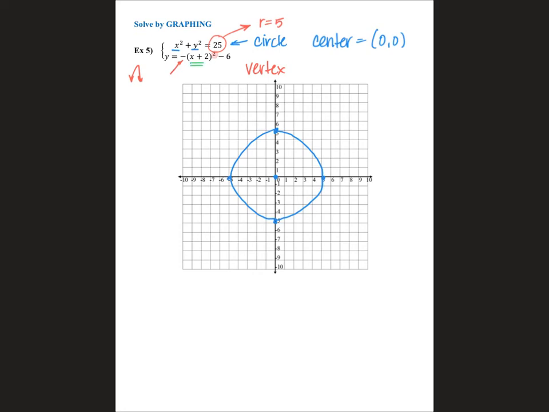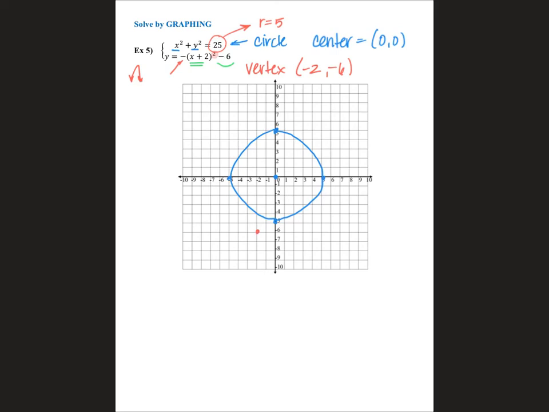It's always the opposite. So I'm going to have the x component of -2. This value at the end is telling me if I'm going up or down. Since it's a -6, that means it's going to go down 6. So I have the vertex of my quadratic at -2, -6.